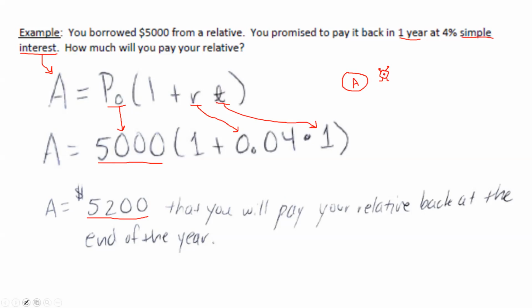What the interest monster is going to do here is he's going to look into this account one time. One time he's going to look into this account. And then he's going to say, okay, cool. He's going to think to himself, 4% interest at the end of the year. He's going to say, all right, $200.